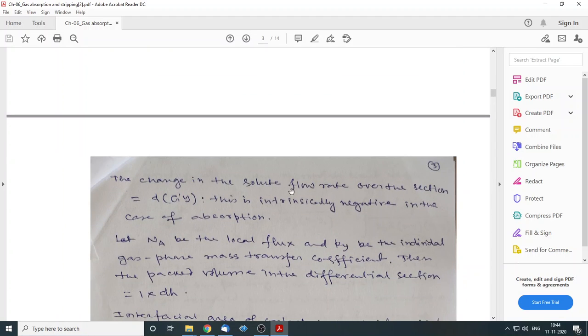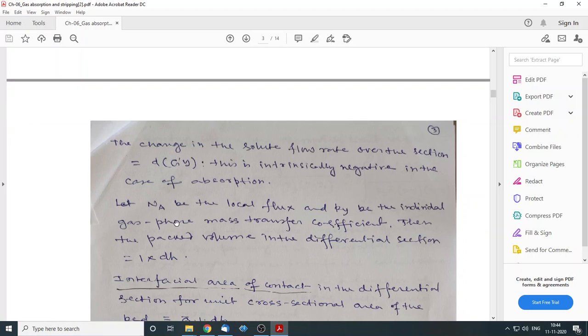Now the change in solute flow rate over the section dH is d(G dash Y), and this is a negative value because in gas absorption, mass transfer happens from the gas phase to the liquid phase. Let Na be the local flux and Ky, small k, the individual gas phase mass transfer coefficient.